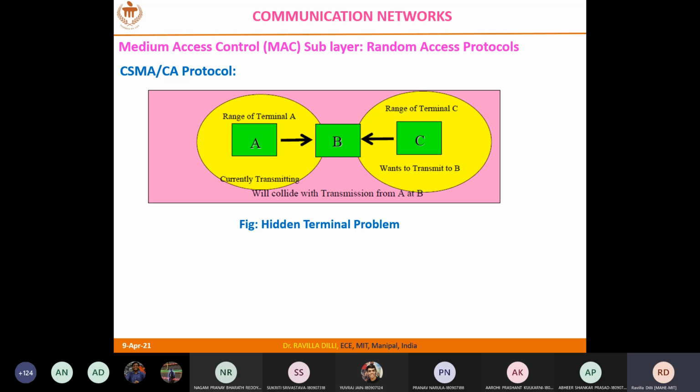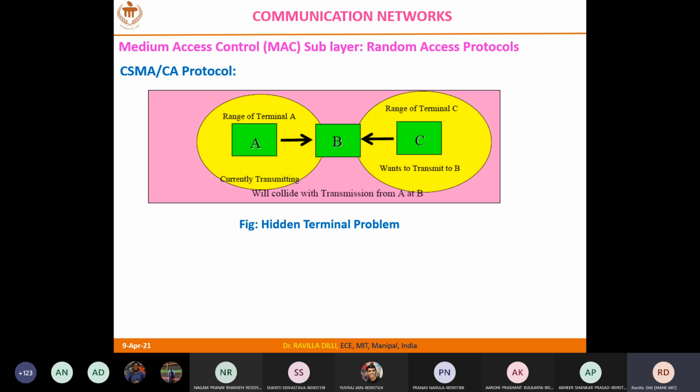Try to understand. A doesn't know the presence of C. C doesn't know the presence of A. However, B knows the presence of both A and C, because it is a common node in the communication range of both. Now, when A wants to transmit to B and C also wants to transmit to B, they can transmit the frames, right?